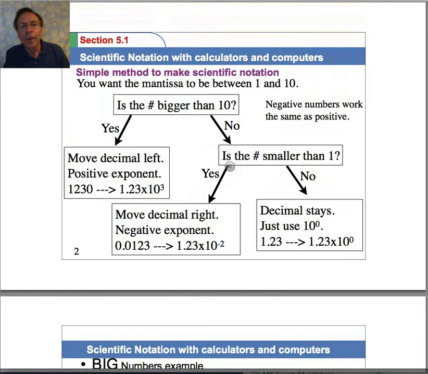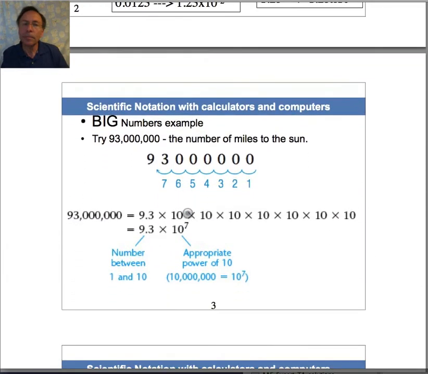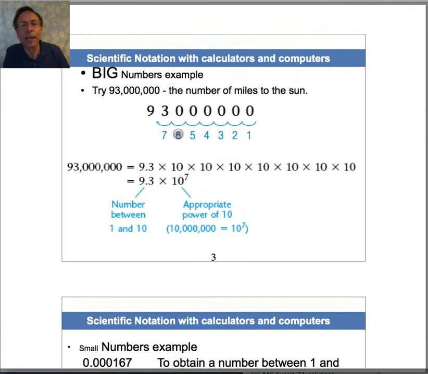The notes, I've uploaded these notes to Canvas, so they're there, and you can study this on your own. I think you already know this material. It's just telling you how to construct scientific notation numbers. Here are some examples of turning large numbers into scientific notation.